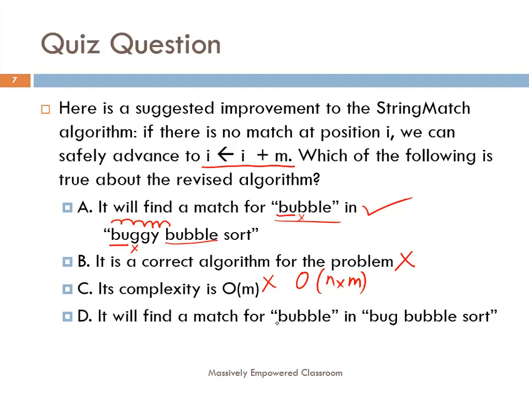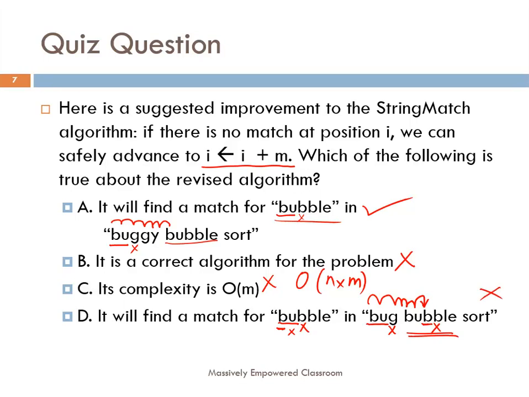In option D, it will not find a match, because once again this BU and this BU will match, and this B will not match this G. Now you will do i equals i plus m, so i will advance to this position, and then this B will match this B. The U will not match this B, and you will return an unsuccessful search, although the pattern bubble is present in bug bubble sort. So this is also not correct.